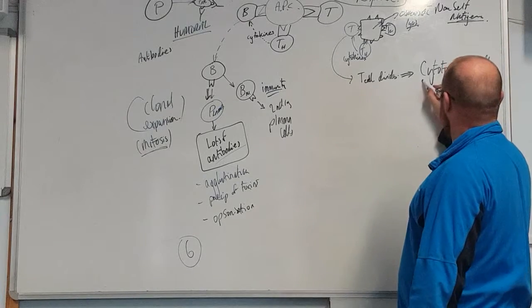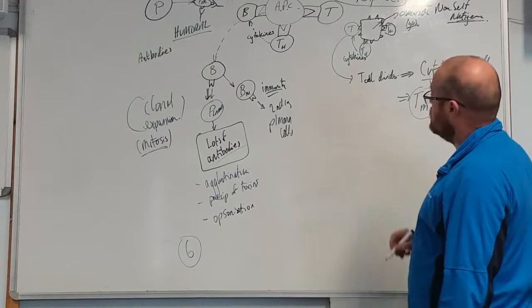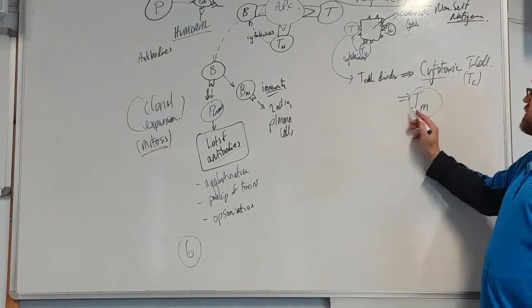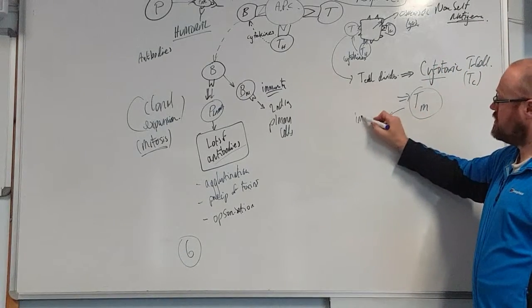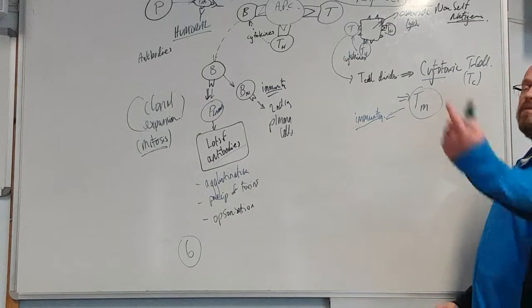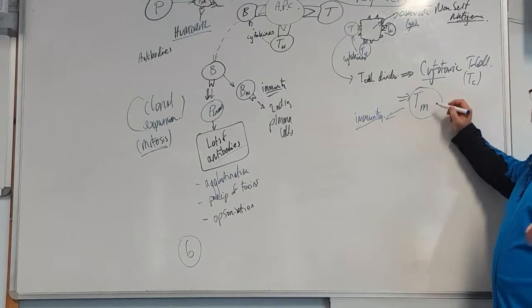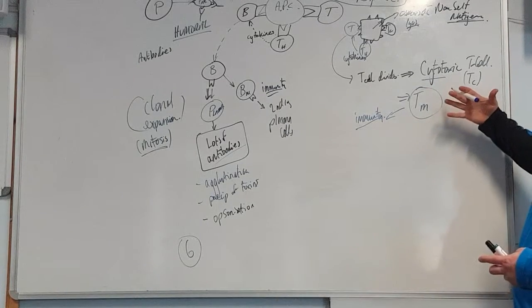As well as forming these cytotoxic T cells, we're also going to have our T memory cells. So as before, B memory cells and T memory cells. And again, this leads to this concept of immunity. You're only immune to something if you've got memory cells to that particular thing. Again, these will reside in the system for pretty much a lifetime.